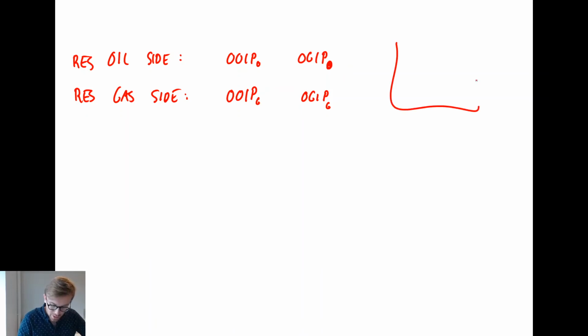So assume we have a case where we have a gas layer here and an oil rim right here at TRES and PRES.